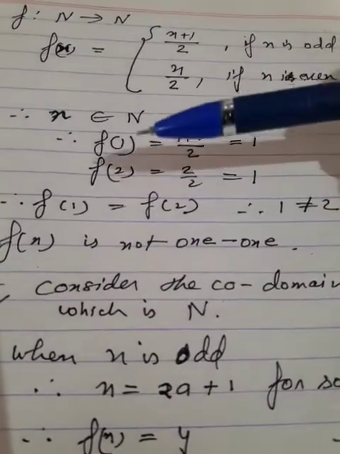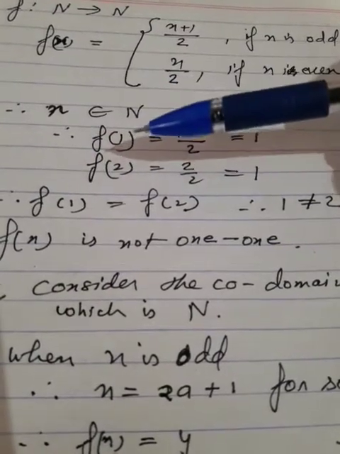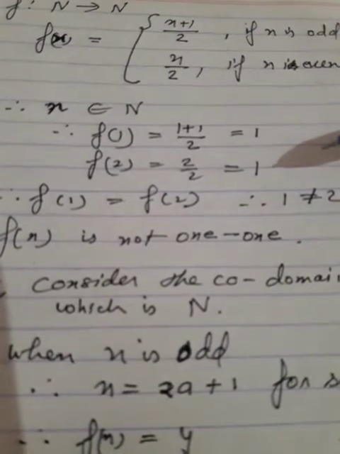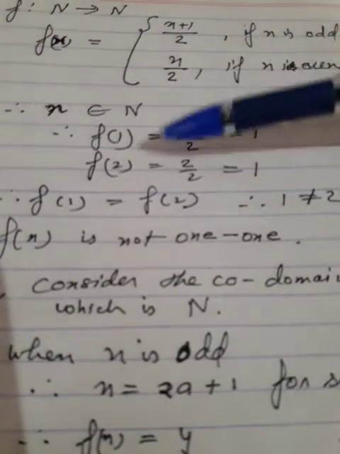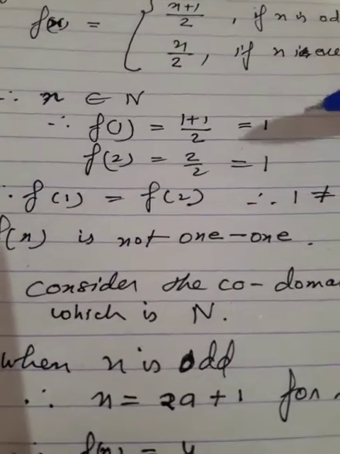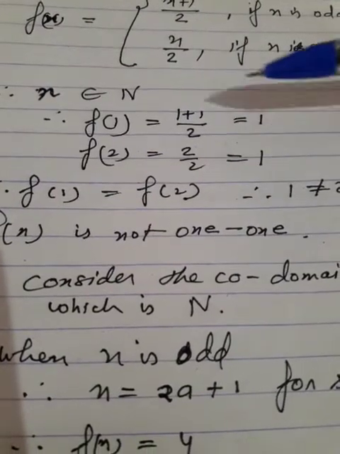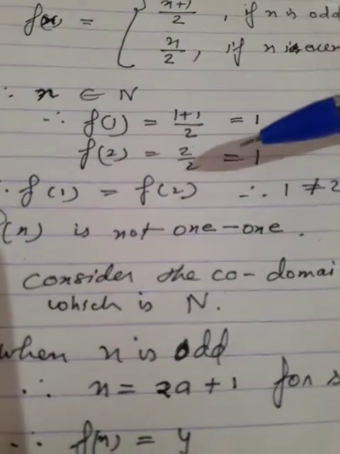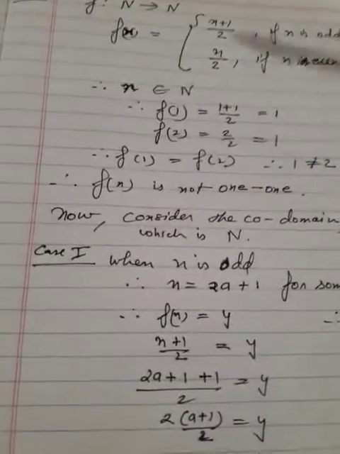For every different element of the domain, there must be a different, unique image in the codomain. So we are not getting unique images here. Here we are getting 1 in both cases. So this function is not one-one.